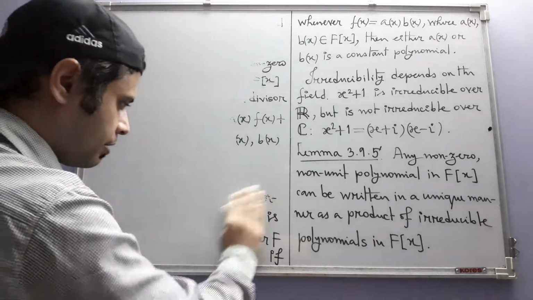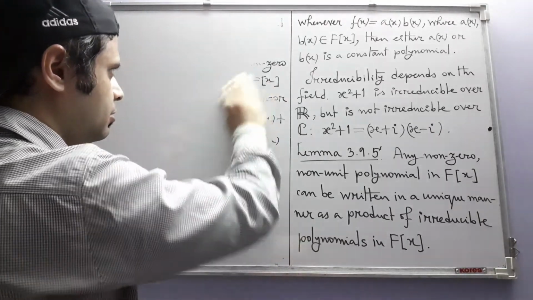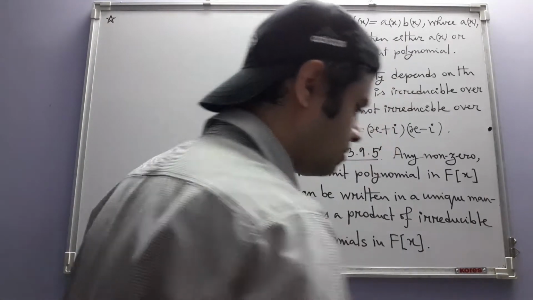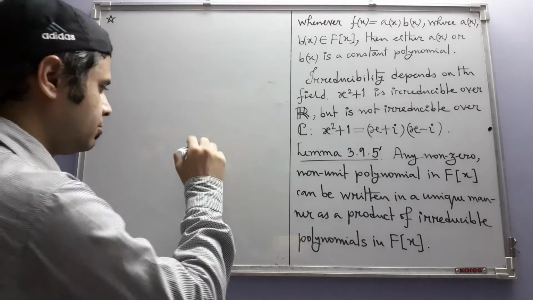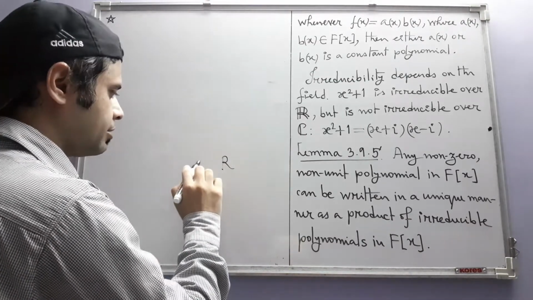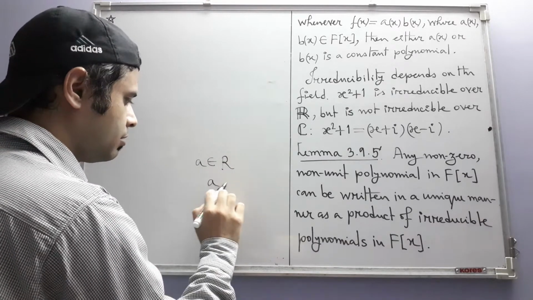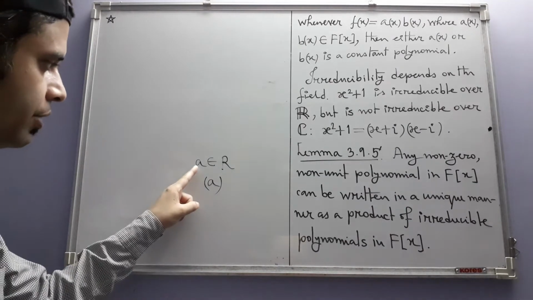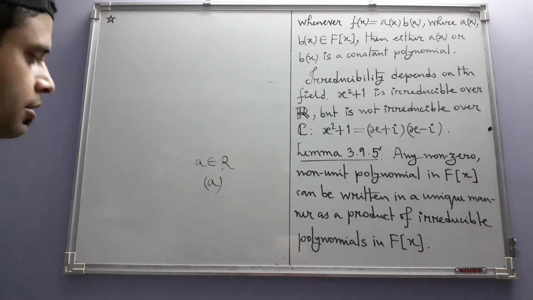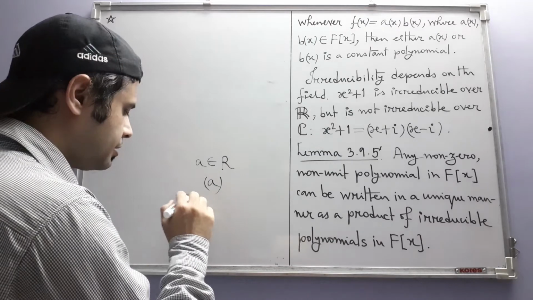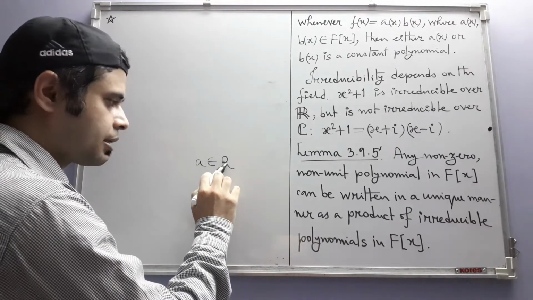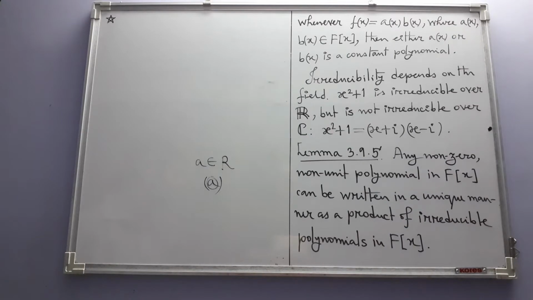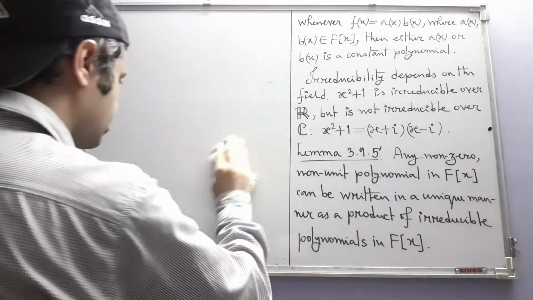But in the last result on Euclidean rings, we in fact found a necessary and sufficient condition for such ideals to be maximal, and that was that if you have a Euclidean ring, say R, and there you have an element a, so that you can consider this ideal, then this ideal is a maximal ideal if and only if a is a prime element in R. Correspondingly, here, R is F[x] and a is a polynomial, and the ideal is maximal if and only if this a is an irreducible polynomial. So that's the statement, and we are now going to state it.